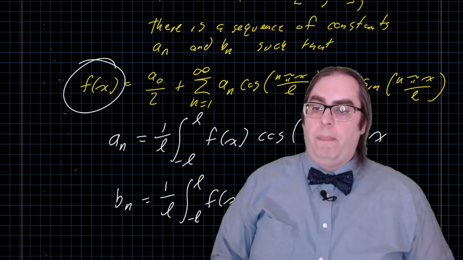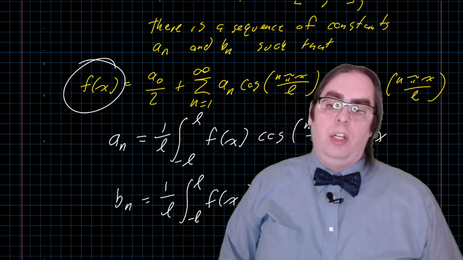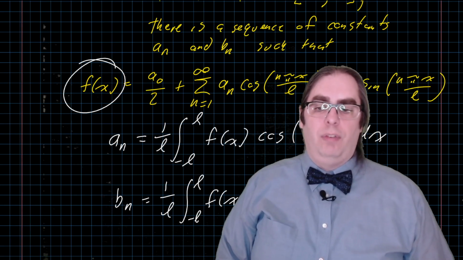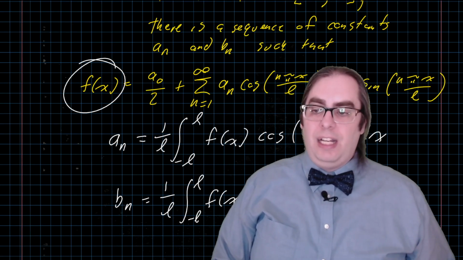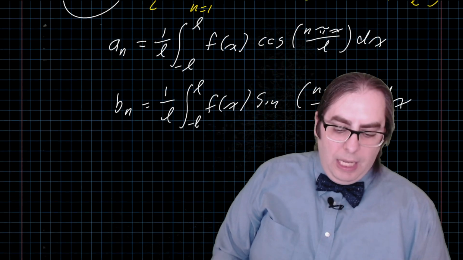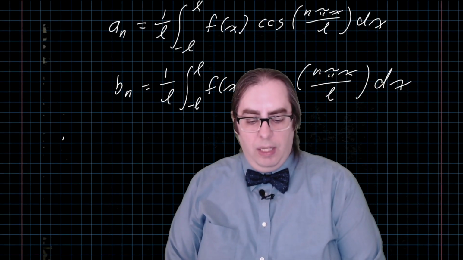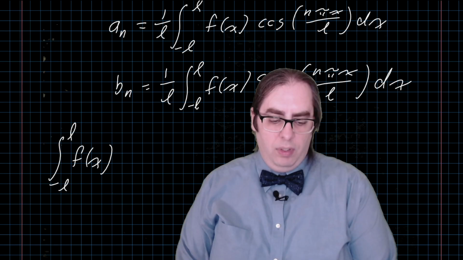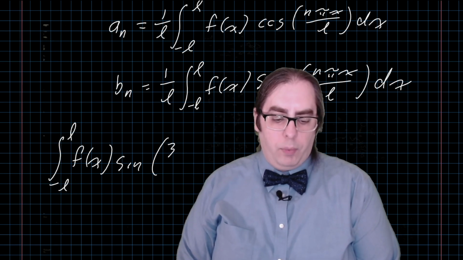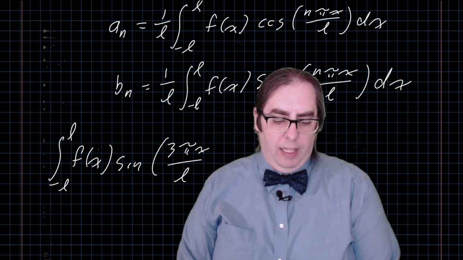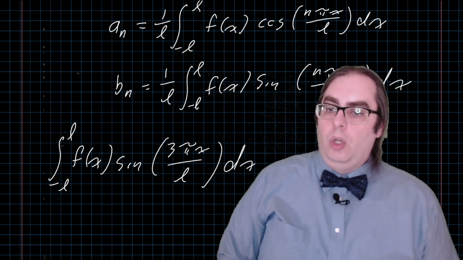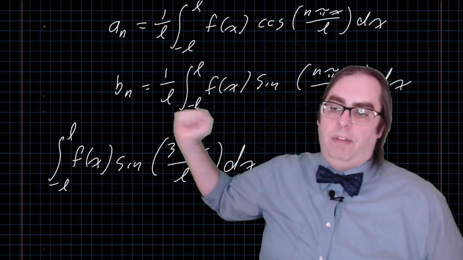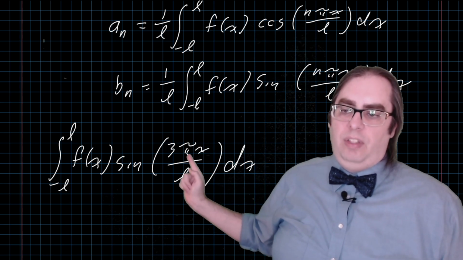For right now, though, what I want you to do is take this function for f of x equals a0 over 2 plus the sum, n goes from 1 to infinity, a(n) times the cosine of n pi x over L plus bn times the sine of n pi x over L. And I want you to evaluate the integral from negative L to L of f of x times the sine of 3 pi x over L. We know from what it says right up here, this should be, if I put a 1 over L in front of it, it should give me bn, where n is equal to 3.